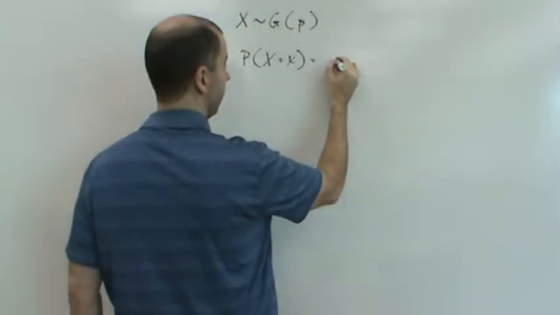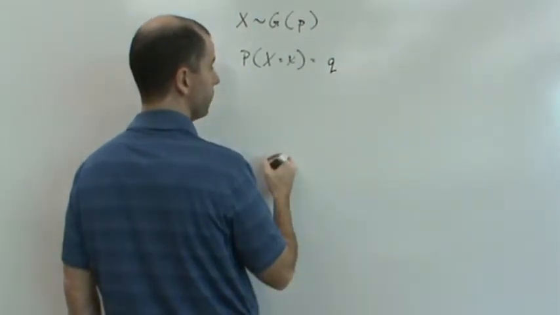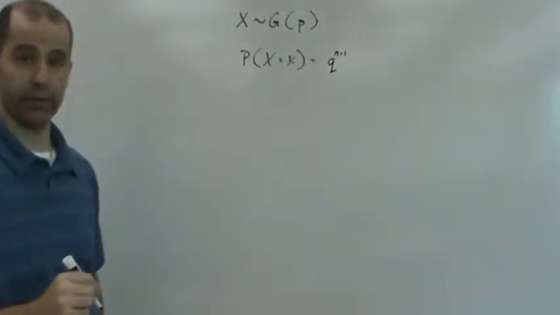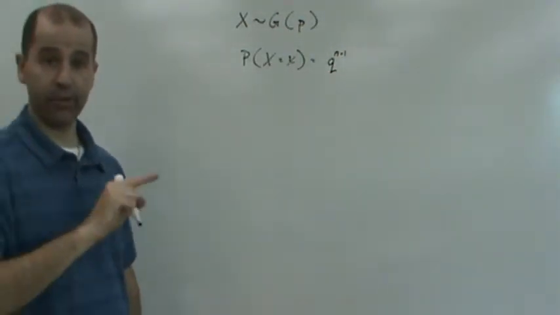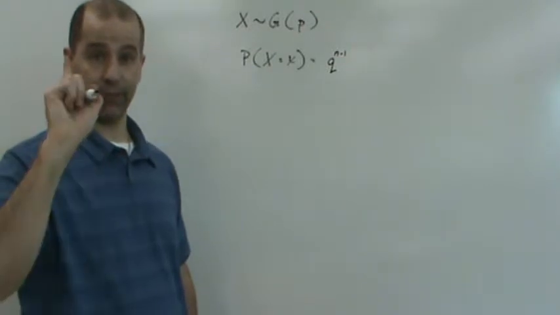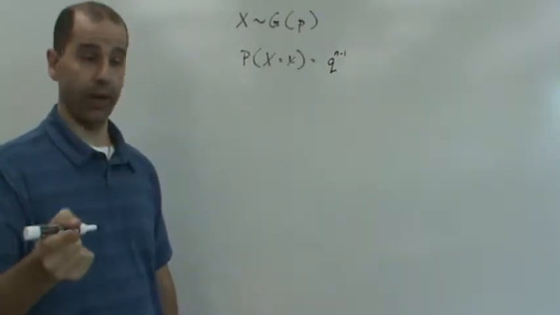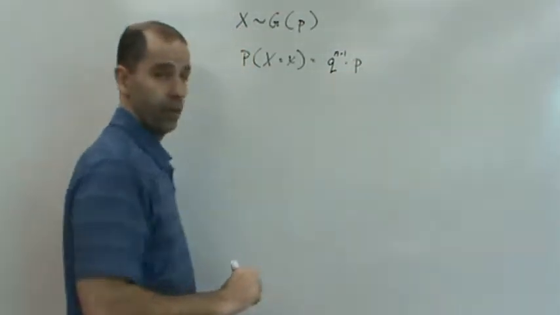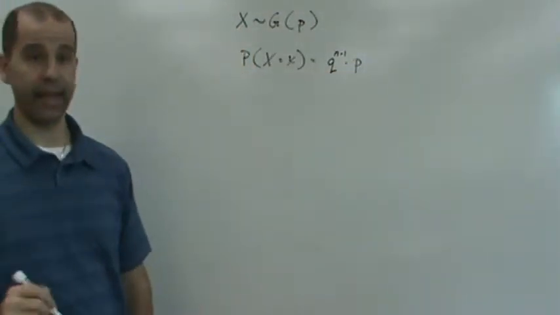It's going to be the probability of failure, q, raised to the n-1 trials, because we're saying every single trial is a failure except for the last one. So n-1. And then followed by P. And that's it.